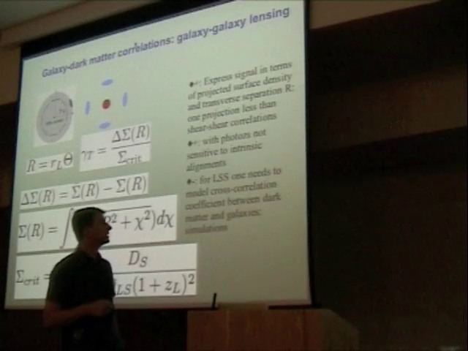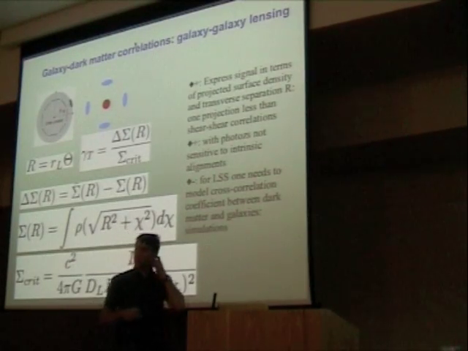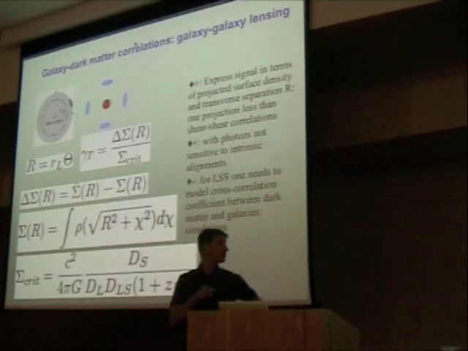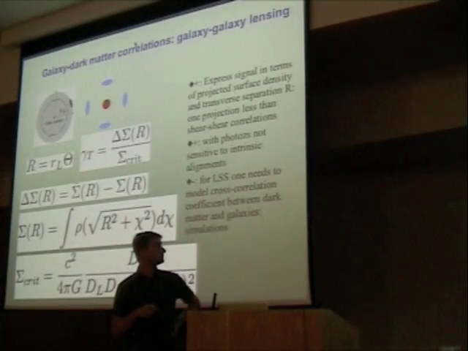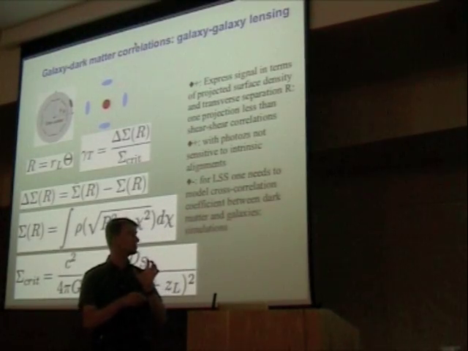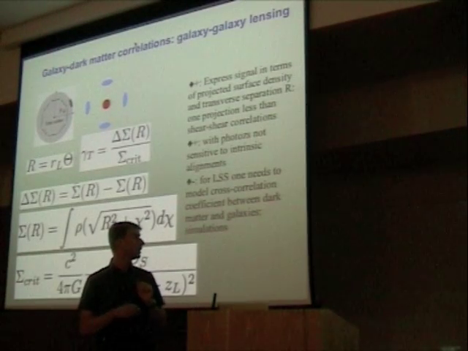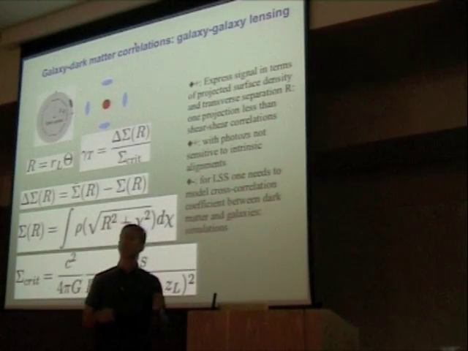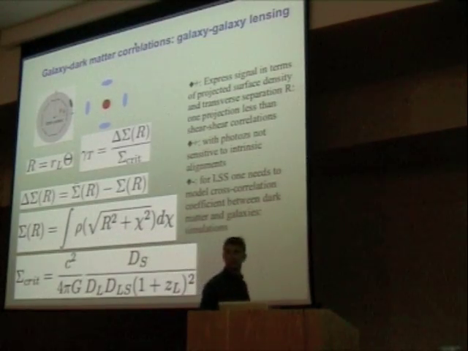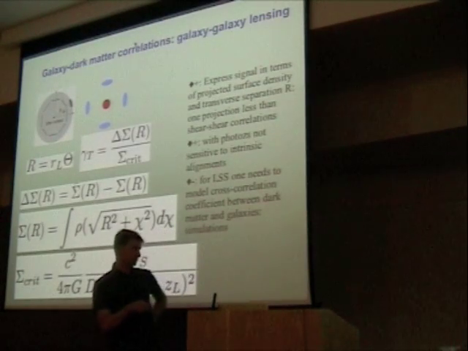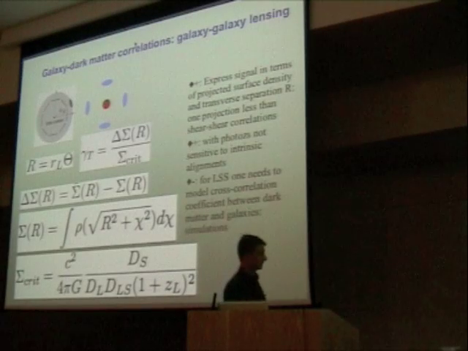So that's one advantage. The second advantage is that the shear itself, one can express it in terms of the so-called differential projected surface density, delta sigma over sigma crit. Delta sigma is the mean projected surface density within that radius, minus the surface density at that radius. Where, as I said, the surface density is just a projection of the density along the line of sight. And then the normalization factor is the sigma crit, which is just some combination of the angular diameter distance factors. Here I expressed it actually in terms of comoving distance, so that's why we have this 1 plus z_L squared.